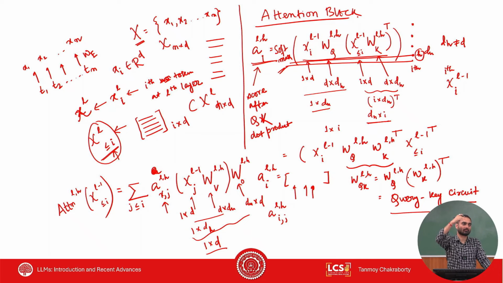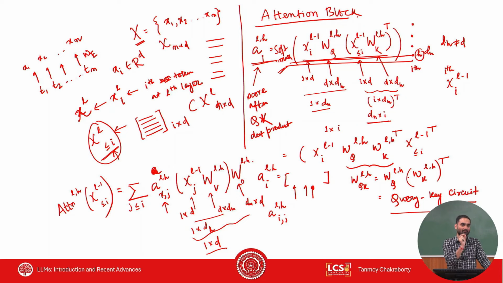There are H number of such attention heads, and each of them will produce a vector of size d. How do we combine them? If we concatenate them, then the size will be d times H. We can't concatenate them, we can add them. We could have concatenated if we had not used this output matrix.